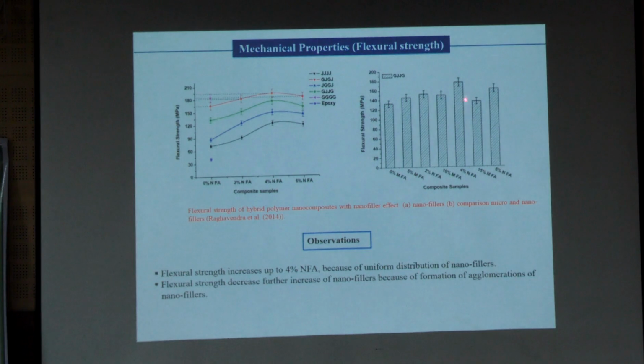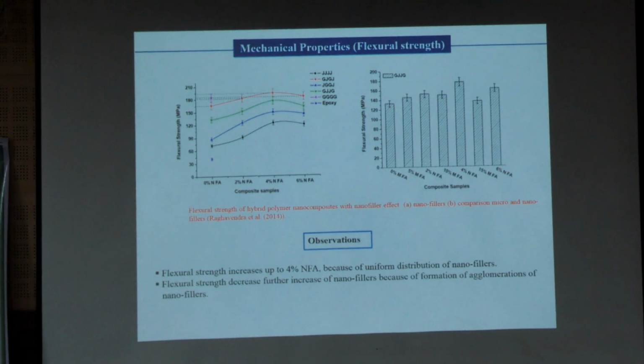Wherever you are getting the maximum flexural strength, we go for that composition or that percentage. Here also the same thing: increasing nanofillers leads to the formation of agglomeration of the nanofillers. If you still keep increasing, the flexural strength again reduces. So we have to select the optimum percentage.